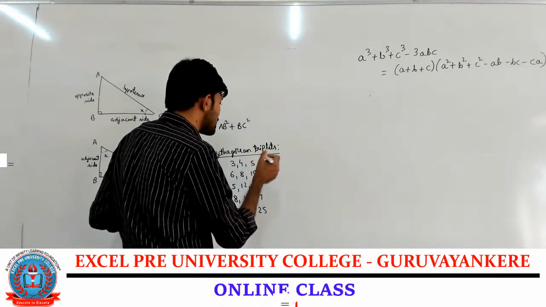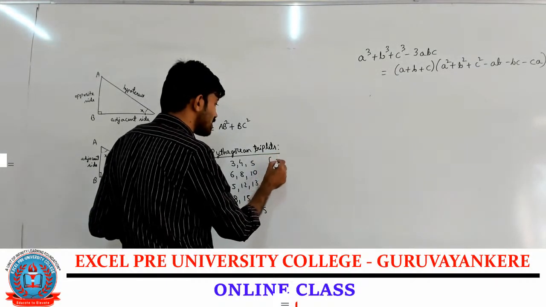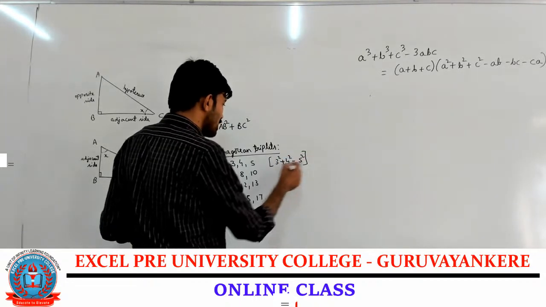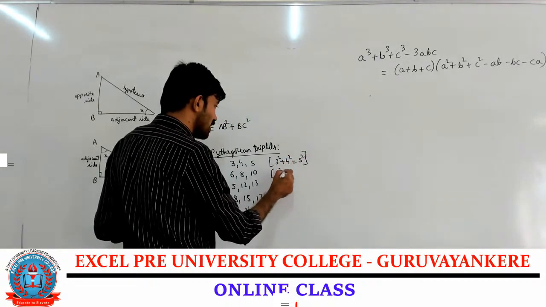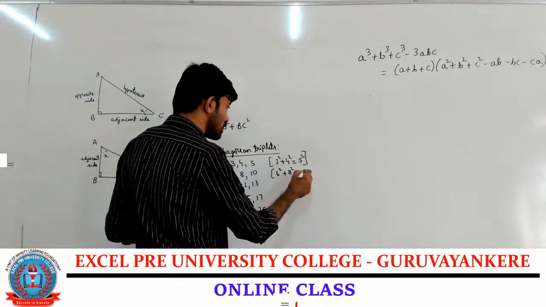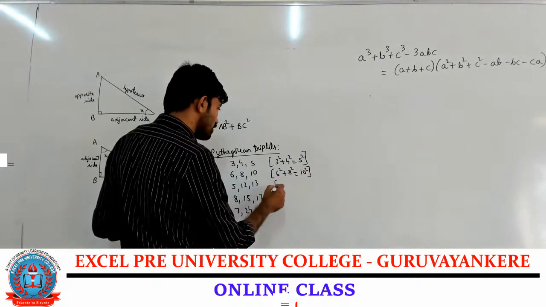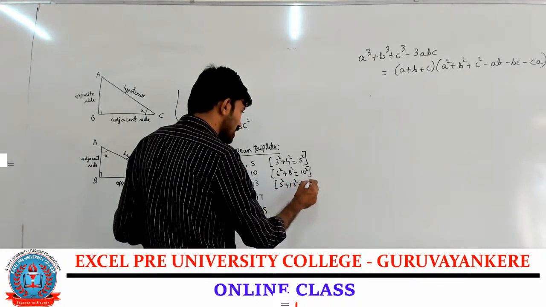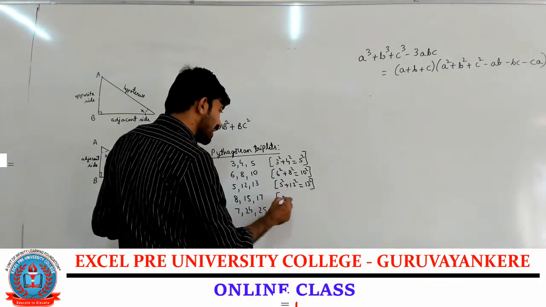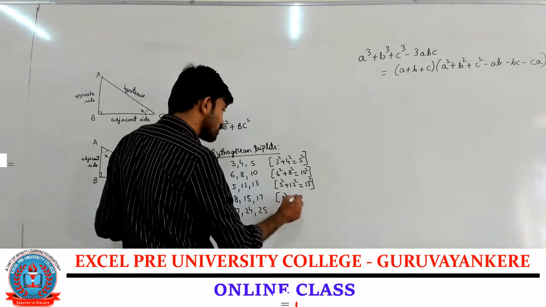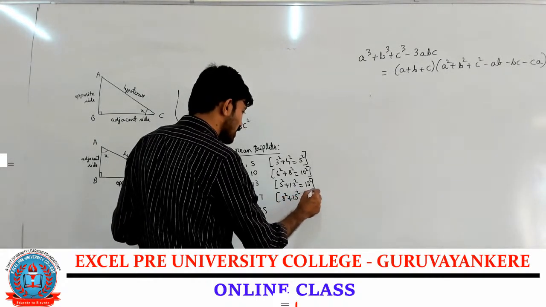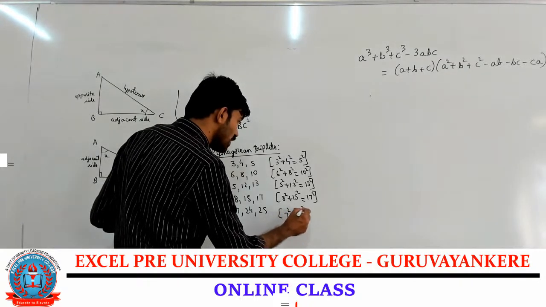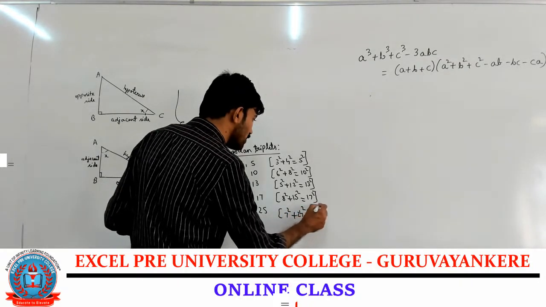Then 5 square plus 12 square is equal to 13 square. 8 square plus 15 square is equal to 17 square. And 7 square plus 24 square is equal to 25 square.